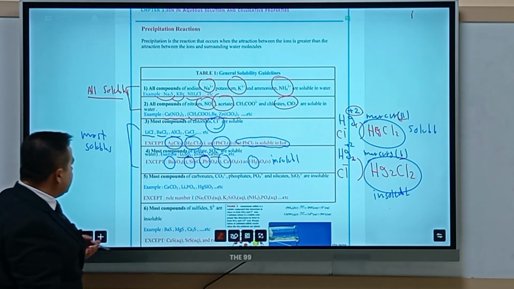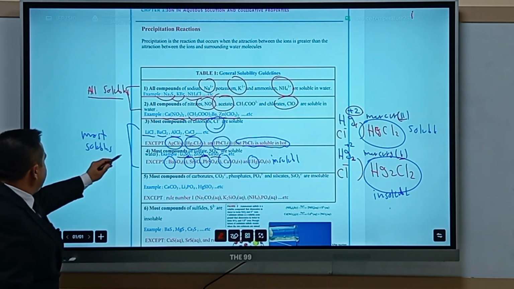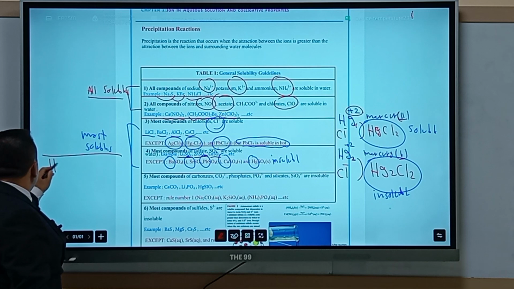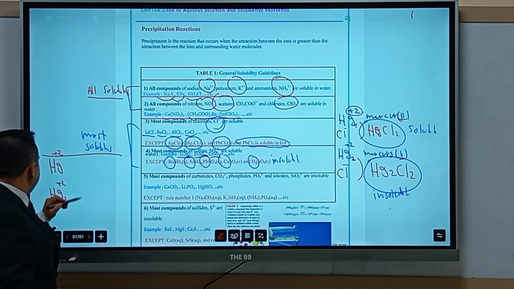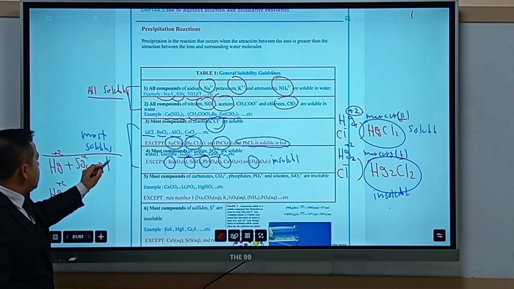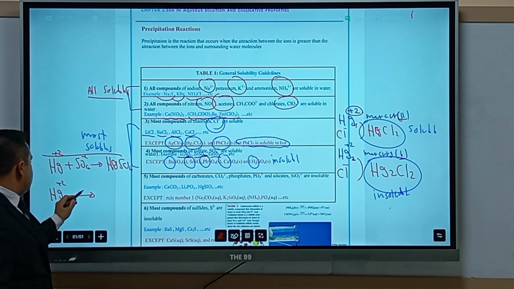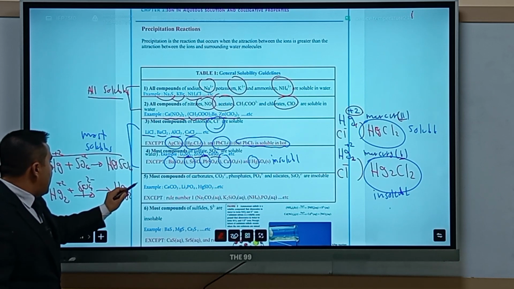Let me provide a little more detail about the mercury case with the sulfate as well. Guys, this is mercury 2, and this one is mercury 1. When mercury 2 reacts with the sulfate, SO4 with 2 negatives, the result is AgSO4, and for the other, the result is Ag2SO4.